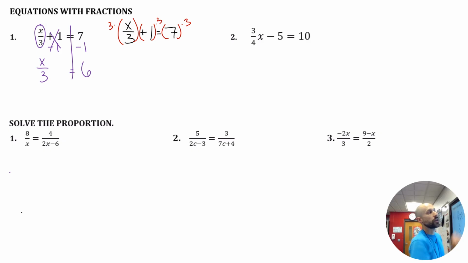Every single thing in that equation gets multiplied by 3, which cancels out your fraction and leaves you with x. 3 times 1 is 3, and 7 times 3 is 21. So if you clear the fraction right away, you're left with an equation that no longer has any fractions, and we can just subtract 3 to get x equals 18.